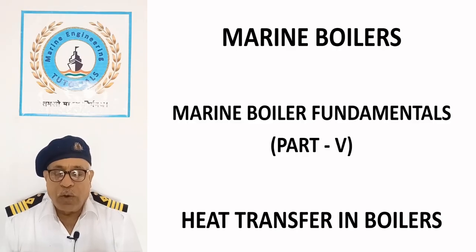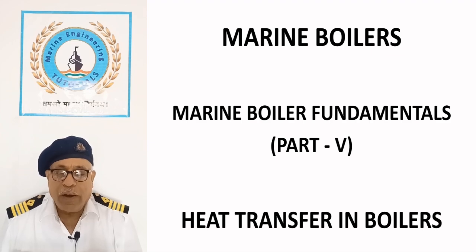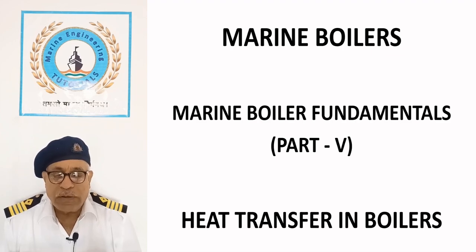Next, we will look at the flow of fluids inside boilers, focusing on the parallel, cross, and counterflow arrangements. Then we will compare the advantages and disadvantages of parallel and counterflow systems.